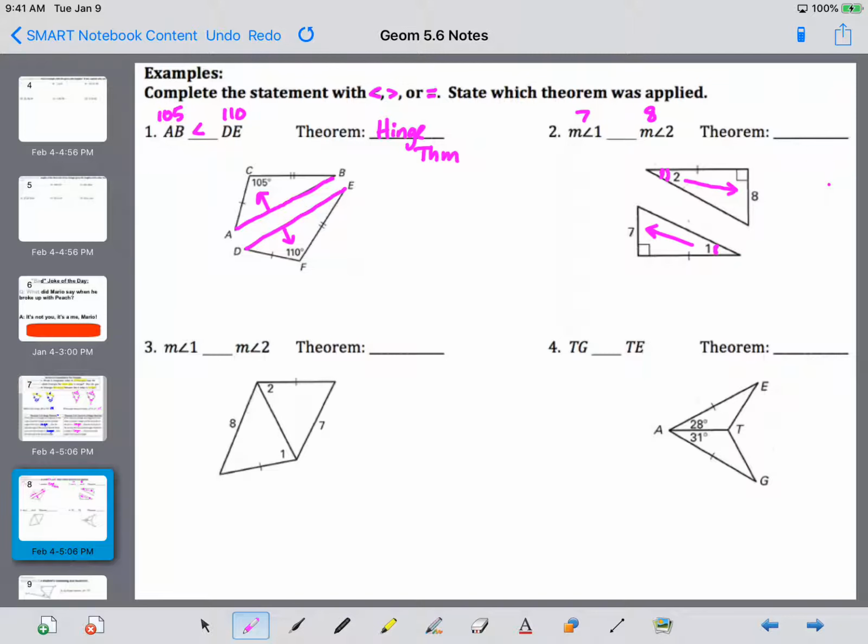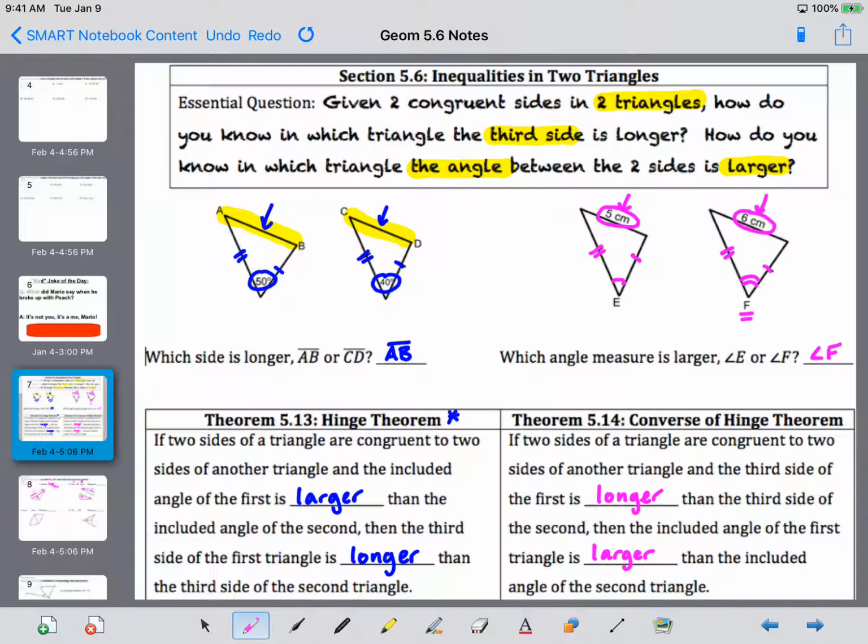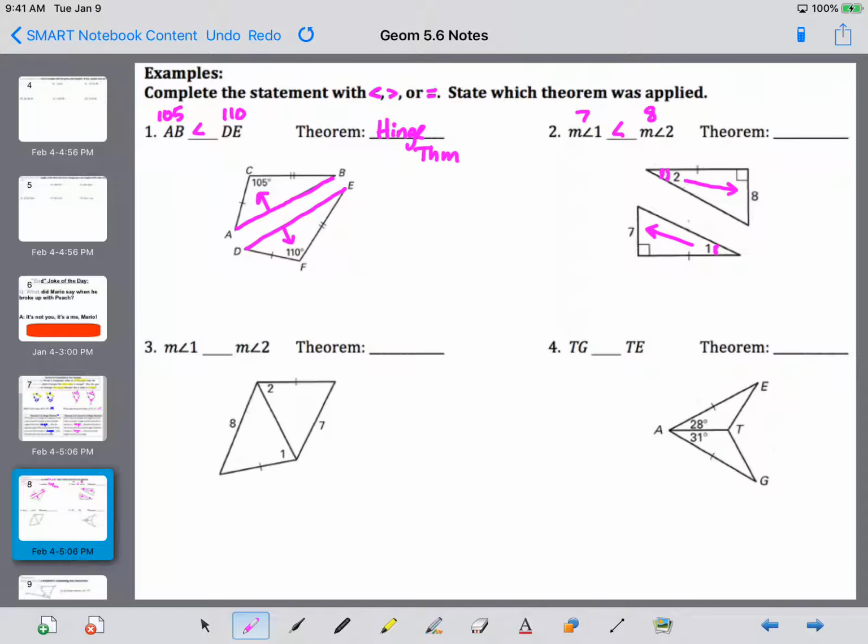We can see that 7 is less than 8, so angle 1 has to be less than angle 2. So if you're given sides and you're comparing angles, that's the converse of the hinge theorem. So we're using the converse of the hinge theorem.